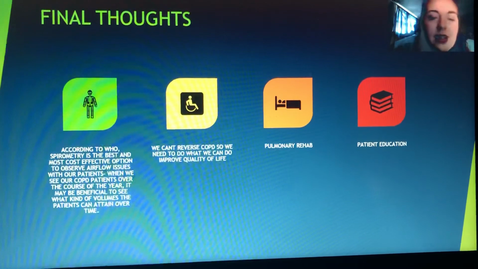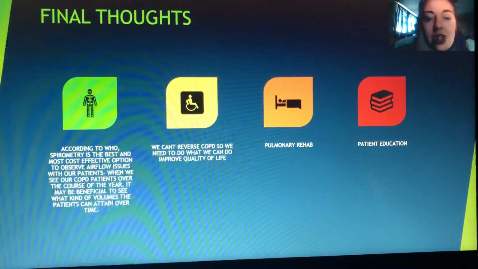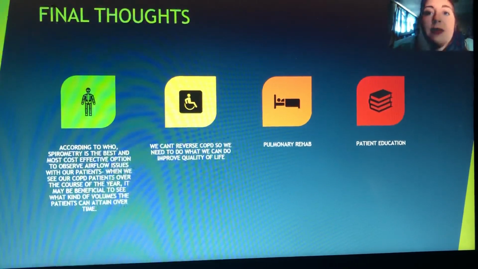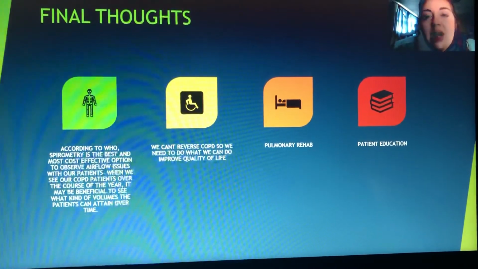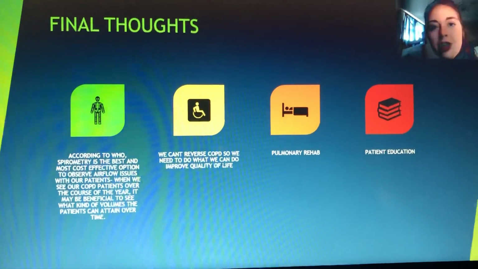Some final thoughts that I wanted to share. I did a lot of research on the World Health Organization, and they say that spirometry is one of the best and most cost-effective ways of being able to see what type of airflow restrictions your patients might have.